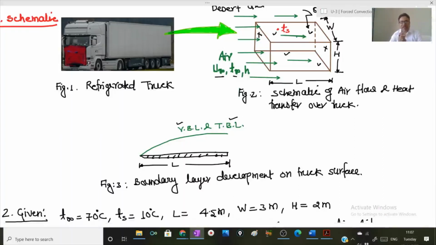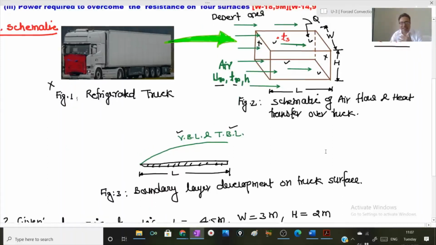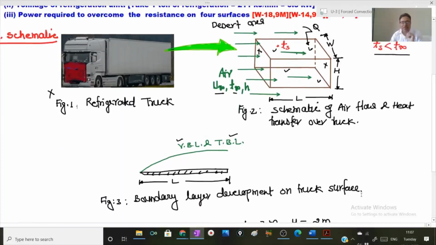So this way I can completely draw the schematic of the airflow and heat transfer and boundary layer development on the truck surface. In exam, you can omit this diagram. This I have drawn just for your understanding purpose. So figure 2 and figure 3 you are supposed to draw in the examination for better clarity. Okay.